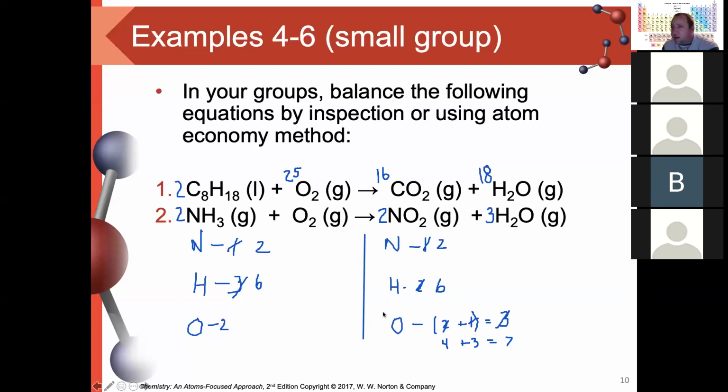And I run into the exact same problem that I would have run into up here, and that is, how do I get 7 when all the oxygens come in pairs? And so the solution to that problem is exactly the same as before.